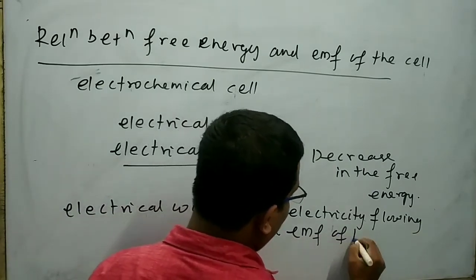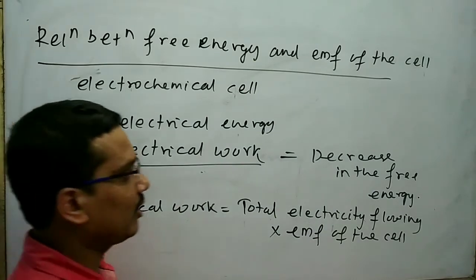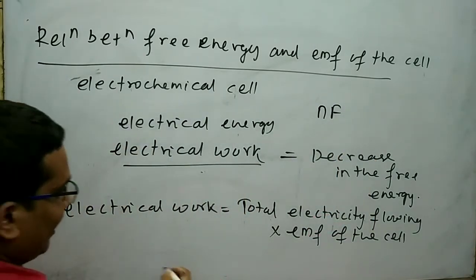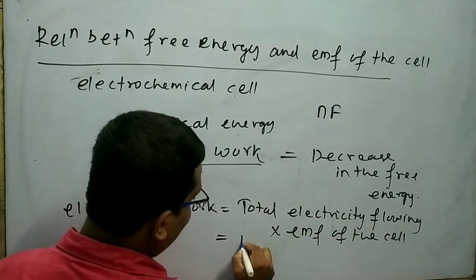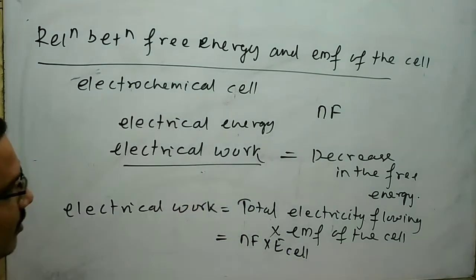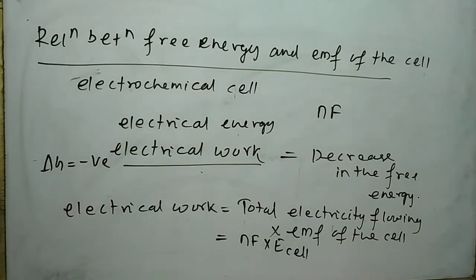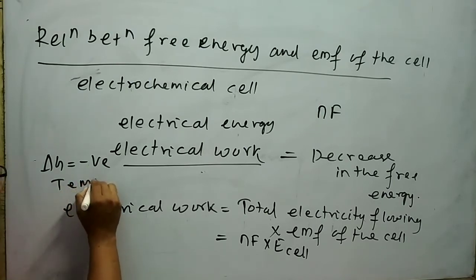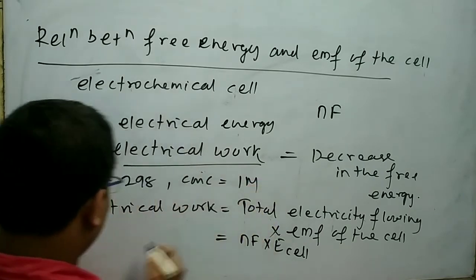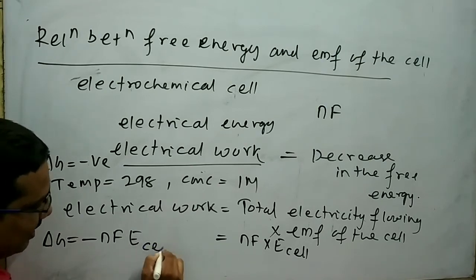Suppose n mole of electrons is flowing, then the total charge is nF. So I can write electrical work equal to nF into E cell. For a spontaneous reaction, delta G value is negative. At temperature 298 and concentration 1 M, I can write delta G is equal to minus nF E cell.